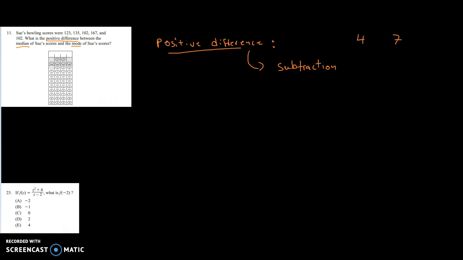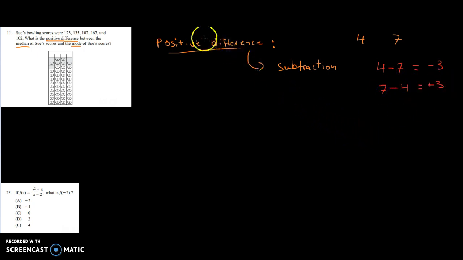Well, there's two possible answers for this. One would be 4 minus 7, and that would be -3. The other possibility is, what's the difference between 7 and 4? Well, that would be 7 minus 4, and that would become +3.